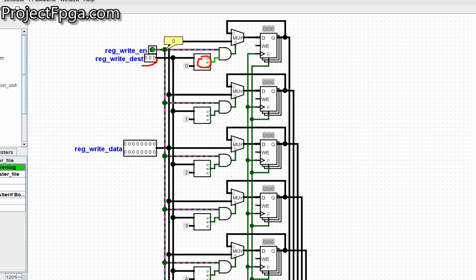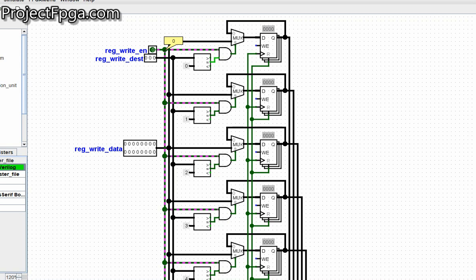If the destination is 0, open this one, then we can write to this register. If your register destination is 1, then open this AND gate, and the register enable is selected also, remember. So two things need to be on. That's why we have an AND gate. The two conditions must be set: the register enable and the particular register must be selected.